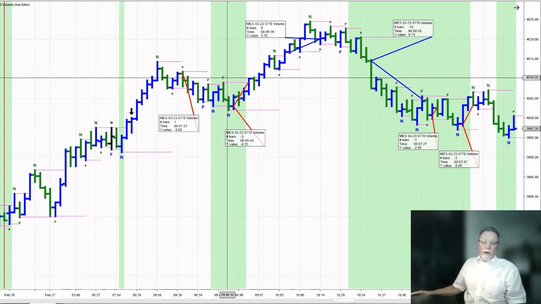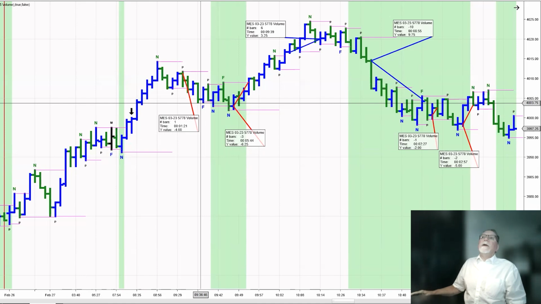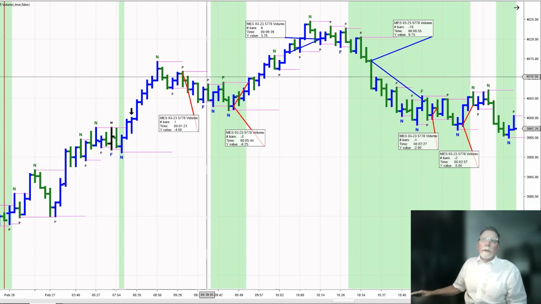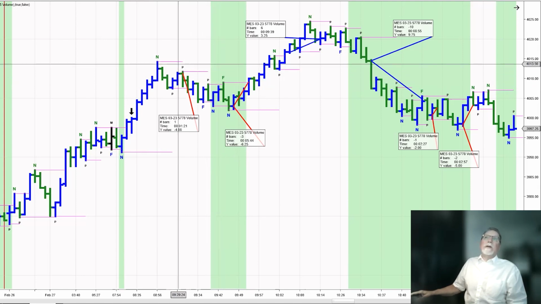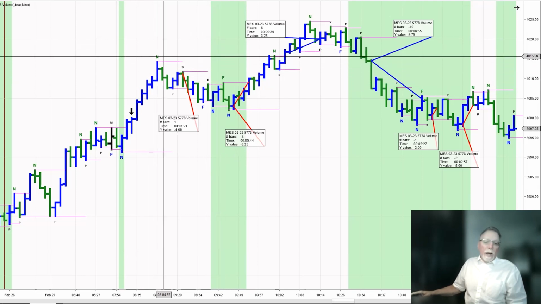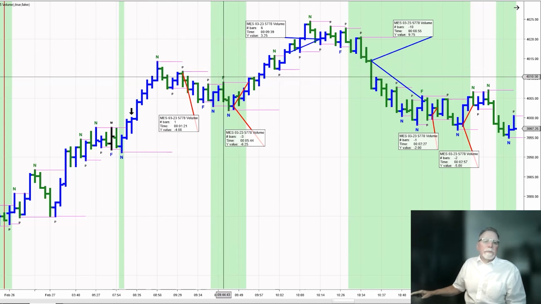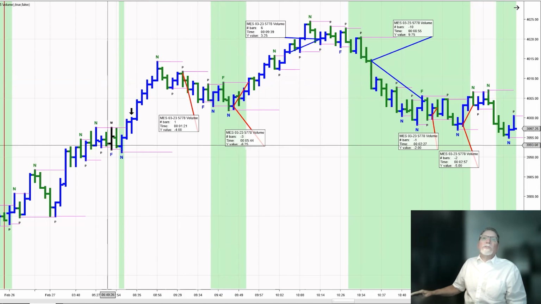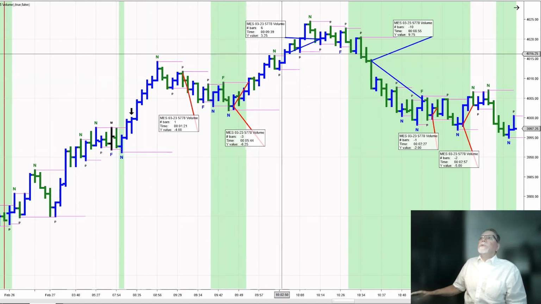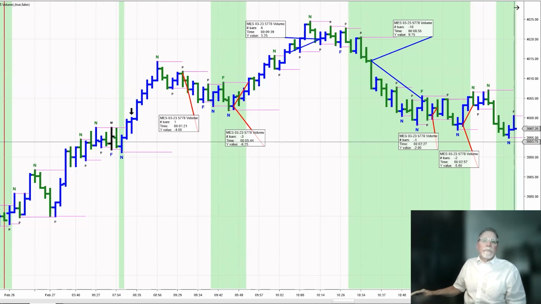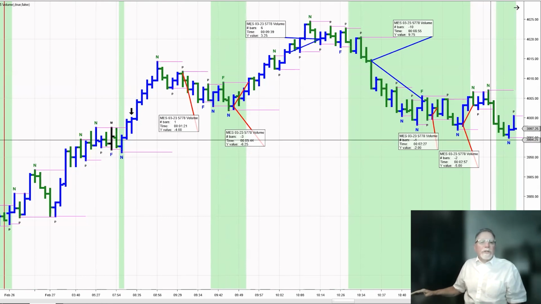An F, or a failure, is where price will break through a previous price failure, but doesn't have the energy to create a new high or a new low at that particular move in the market. So we see how all of those components work together to show you how price flows. If you're going to take trades, how do you use the GUI?